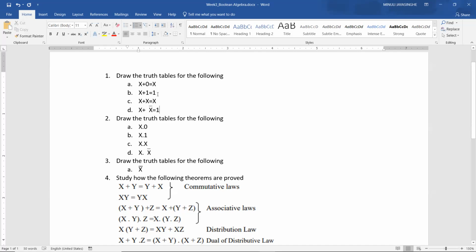So whenever there is a question that asks you to prove this rule, then you can use that truth table and prove that, right? In some ways, you can use some of the other already proved laws and theorems and prove the others.